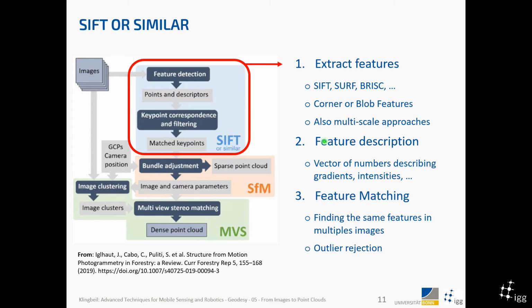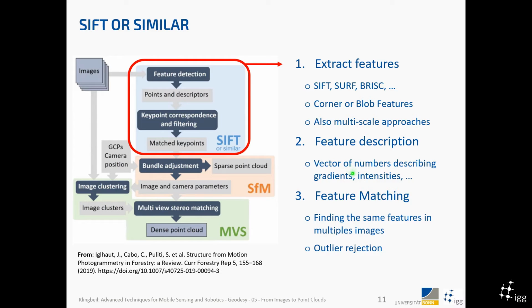The second step then is describing these features. So it's a feature description. That means I calculate for each of these features a vector of numbers which describes the property of that feature. Yeah? So it can be gradients, intensities. There are different ways of coding the feature description.